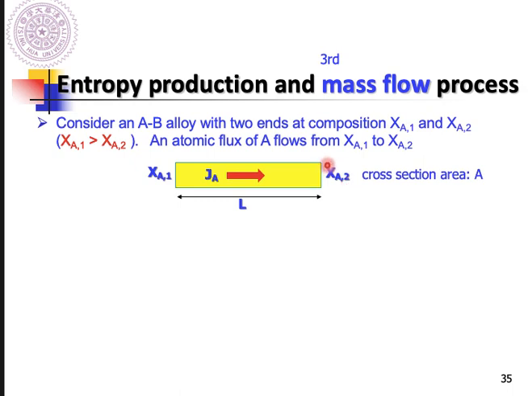The cross-section of this material is A, and the length is L, and we know the atomic fraction XA1 of A is higher than XA2. So there's definitely an atomic flux JA passing from 1 to 2.